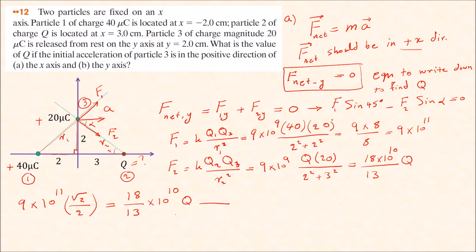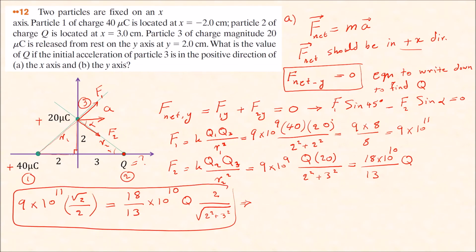In sine of alpha, I can write 2 divided by square root of 2 squared plus 3 squared, which is 13. Okay, this is the equation that comes from this equation.